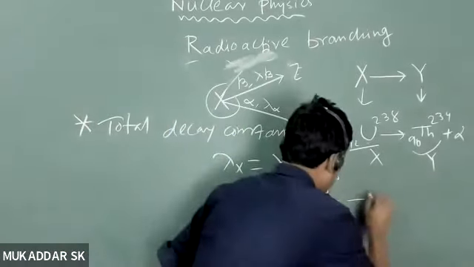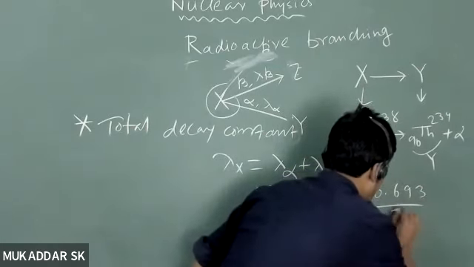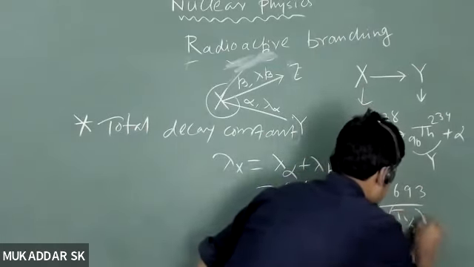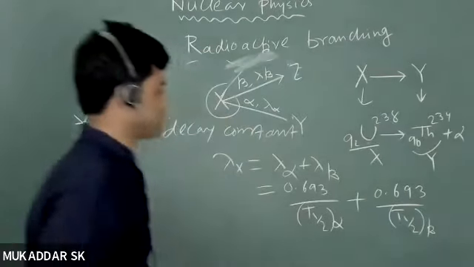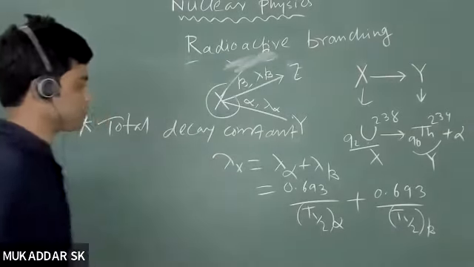And lambda beta I can write 0.693 divided by half lifetime of the sample in beta decay. And this is the total decay constant of this sample.